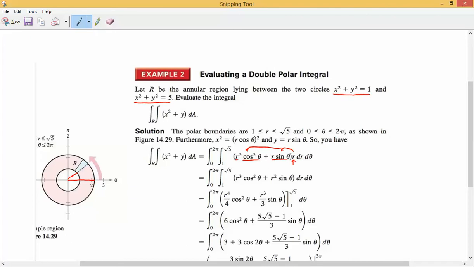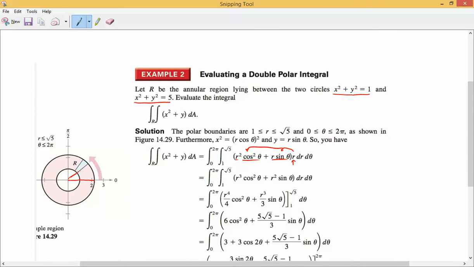So the first differential here, this dr, means that we need to use r values. We need to bound our r. And remember, we could tell that the radius is going to be between 1, so here's a radius of 1, and the square root of 5.